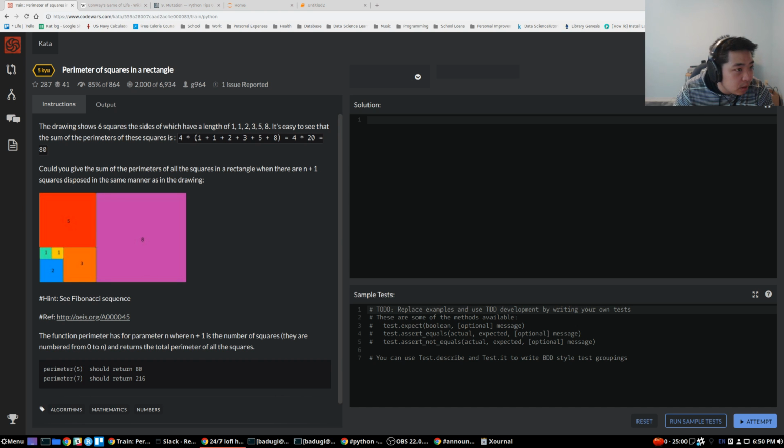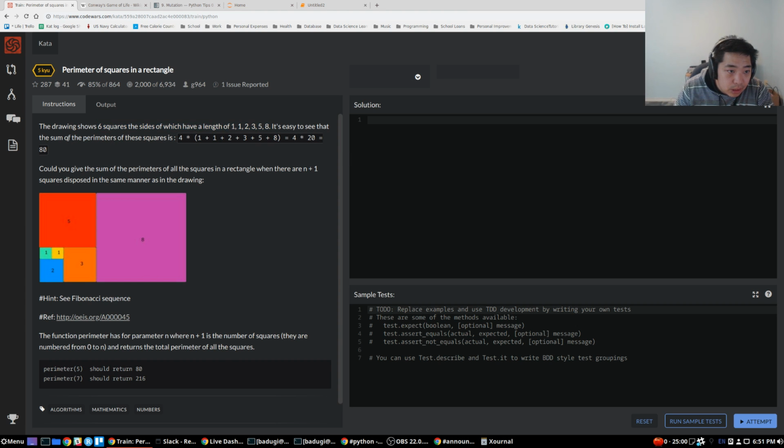I hate this music. So the drawing shows 6 squares, the sides of which have lengths of 1, 1, 2, 3, 5, 8. Okay.